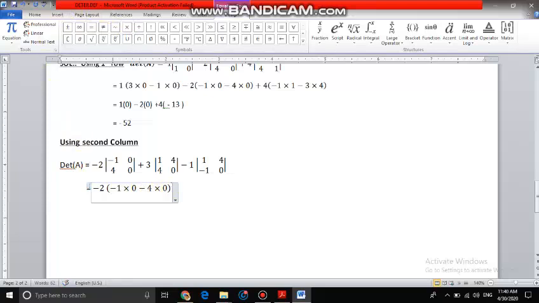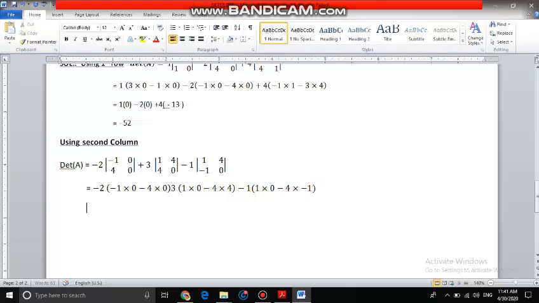Then plus 3 into, 1 multiplied by 0 minus 4 multiplied by 4. This is done. Next I have minus 1 bracket, I insert. So 1 multiplied by 0 minus 4 multiplied by minus 1. That's how you'll get it.